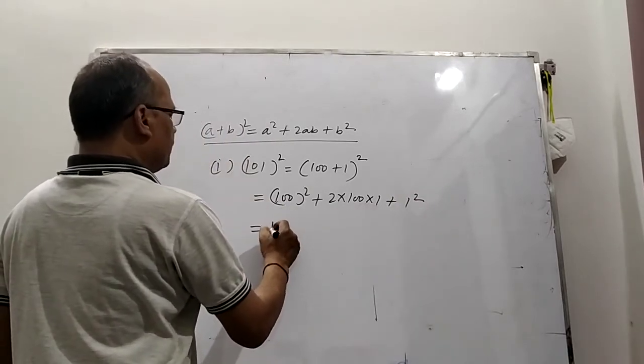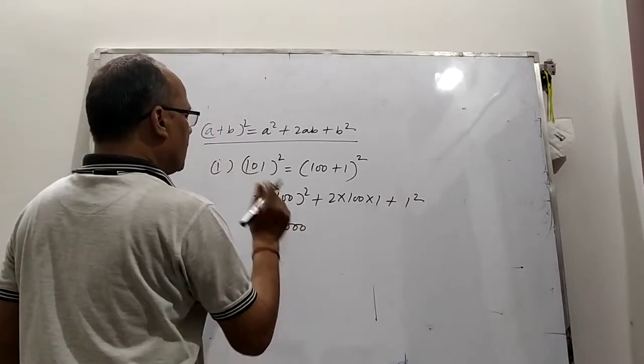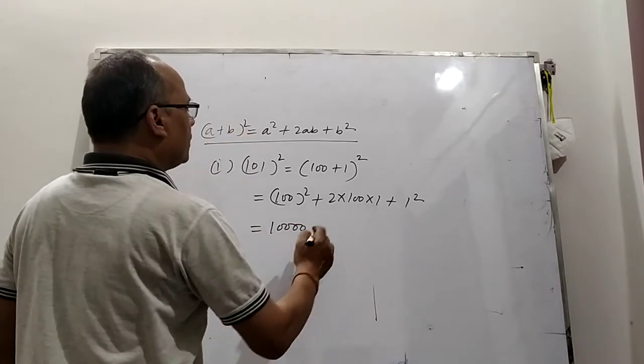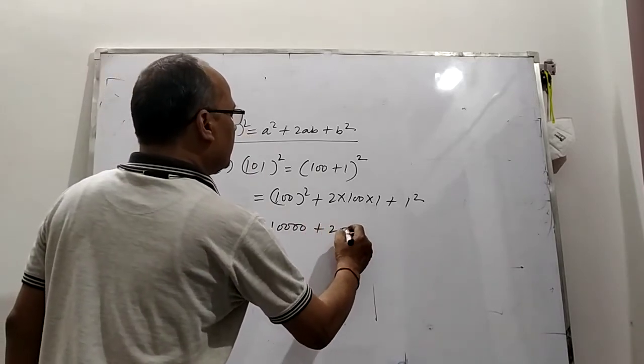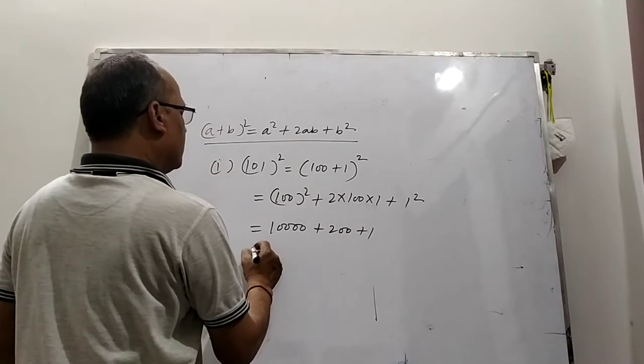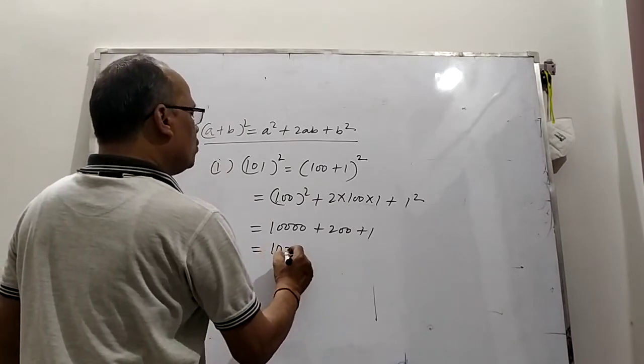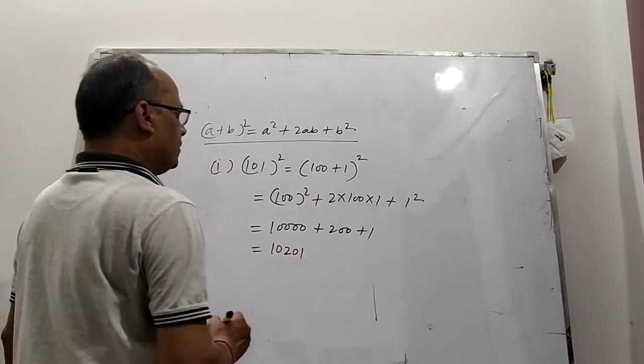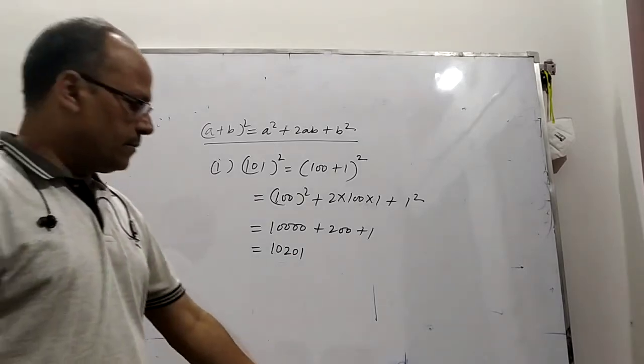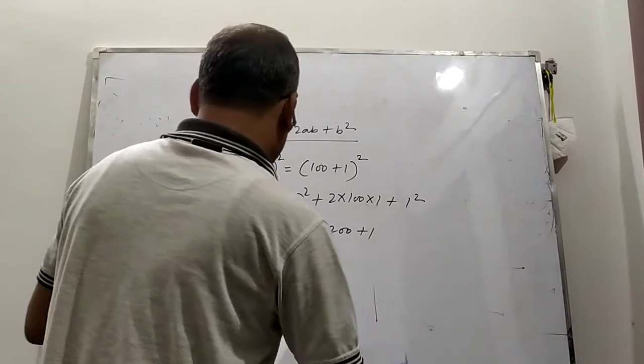That will become 10,000 plus 200 plus 1, that will be 10,201. This is clear?